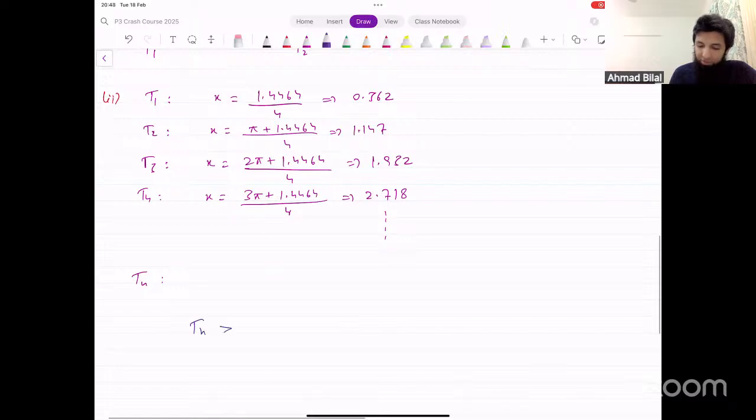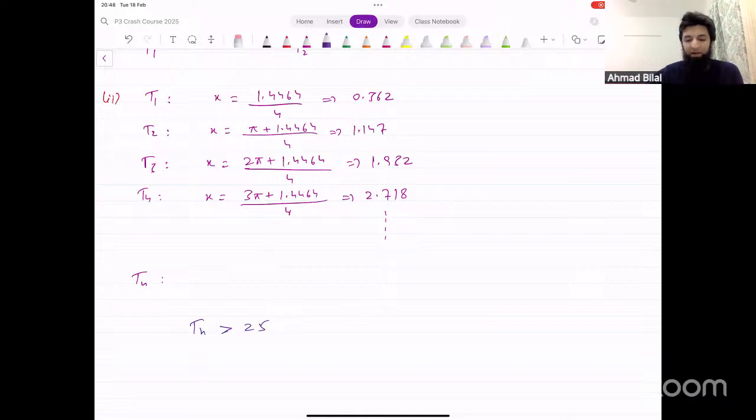Tn has to be greater than 25. Now, one idea is that you look at this pattern and write down the nth term yourself. Or since you're adding the same number every single time, you could also think of it as an arithmetic progression that you did in paper one, and use that formula as well, a plus n minus 1 times d.